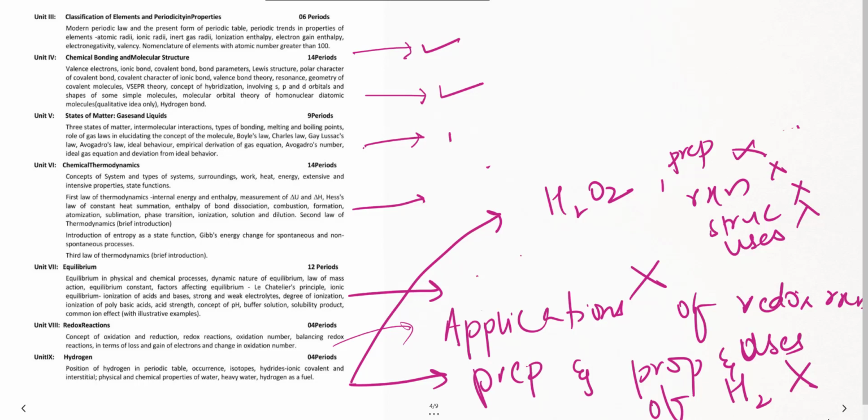When I go to the next chapter, that is your 11th chapter, S block elements. Let me move this here. When I take the S block elements, all the topics are included, but the topic which is removed is preparations and properties. See here, a very major topic they have taken. Preparation and properties of important compounds.